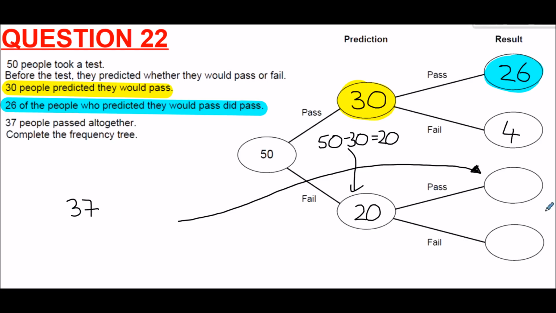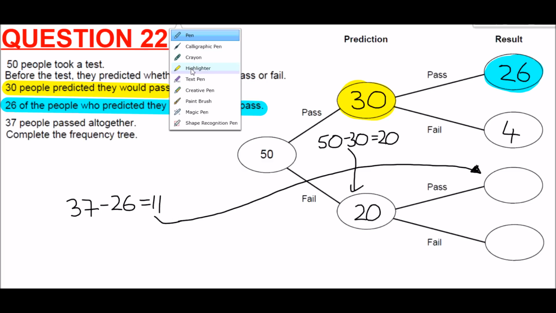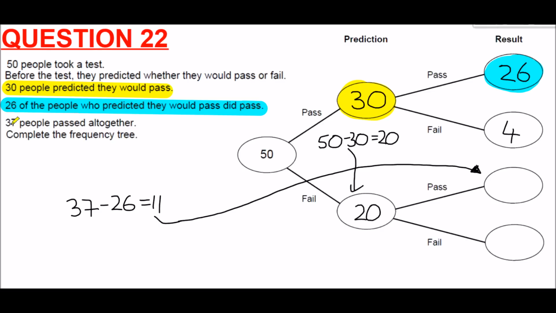The people who passed and were surprised would be 37 minus 26, which would be 11. Because 37 people did pass altogether, and we know that 26 people passed who thought they would, so the others that passed must be the remaining 11.